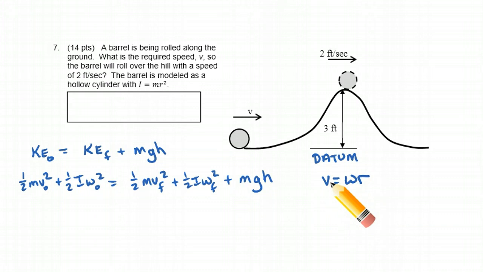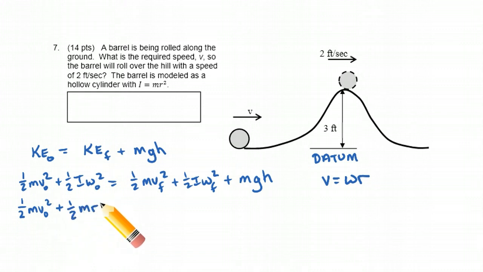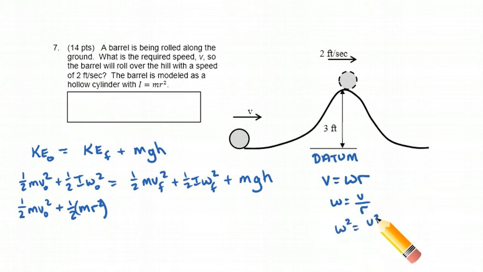So let's go ahead and work symbolically one more step. We want to find the initial velocity, so that's our unknown, 1/2 mv0 squared. 1/2 I is mr squared, and omega squared, let's solve this for omega. Omega squared is equal to v squared over r squared.